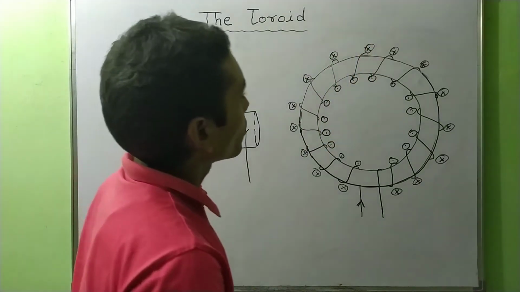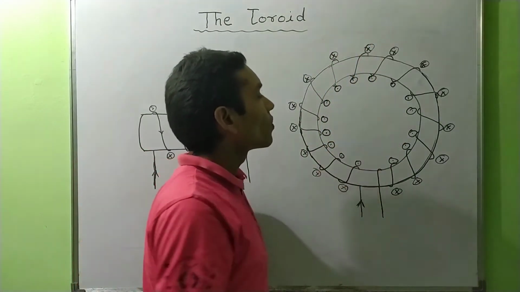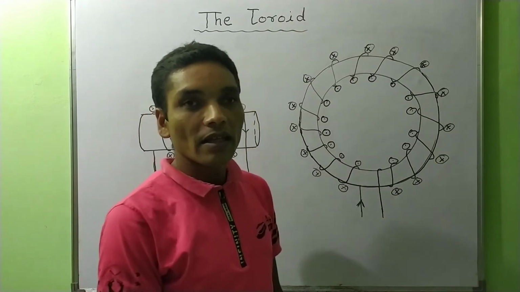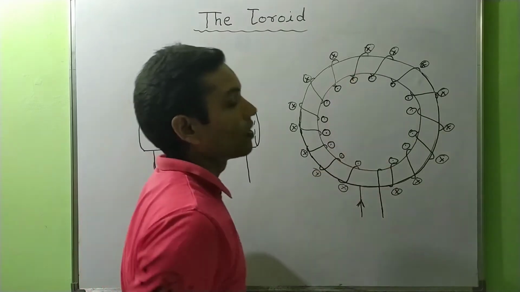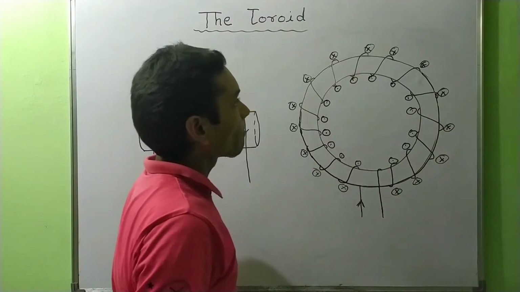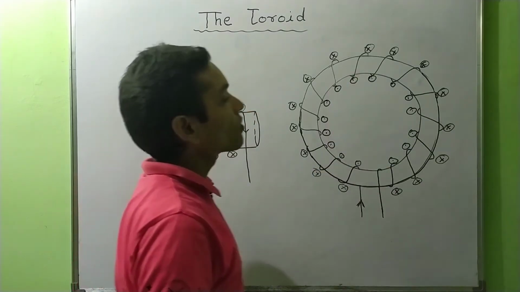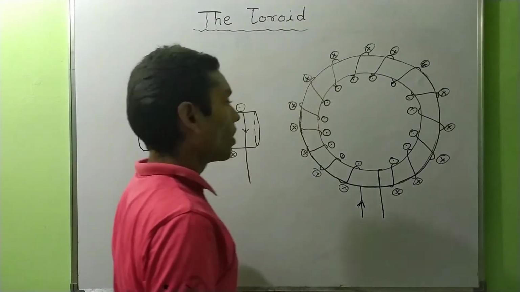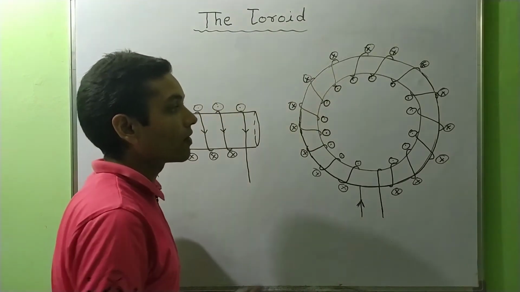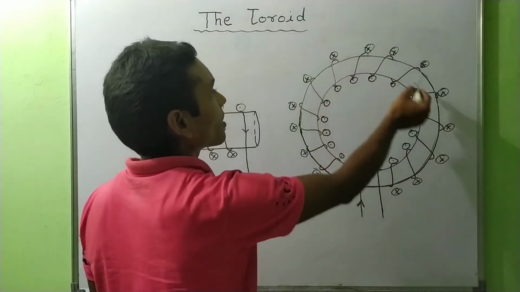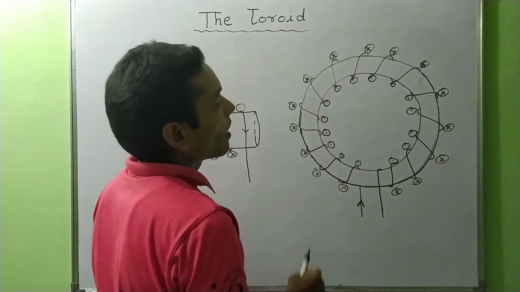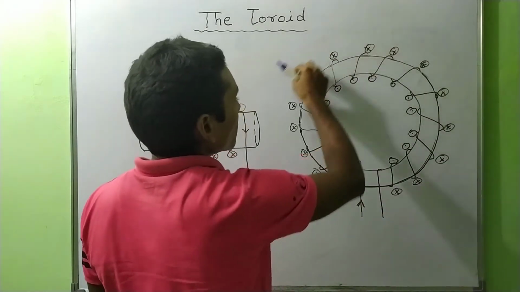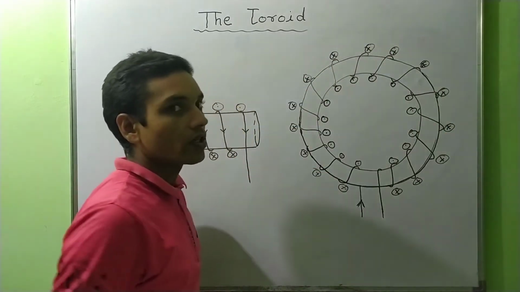Because current is made to flow through the copper wire, magnetic field will be produced around the copper wire. Now in this case we have to determine the strength of the magnetic field inside the toroid, in the interior space of the toroid, and in the exterior space of the toroid.